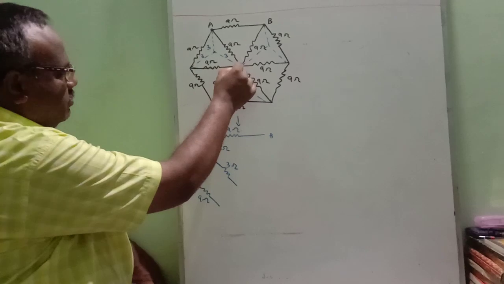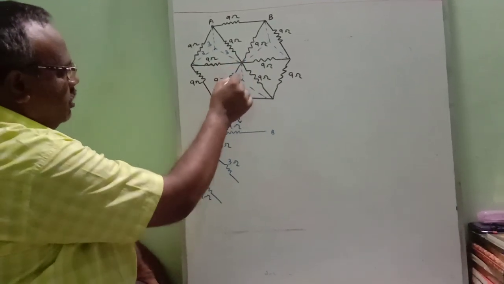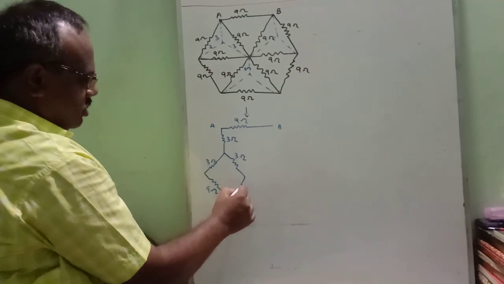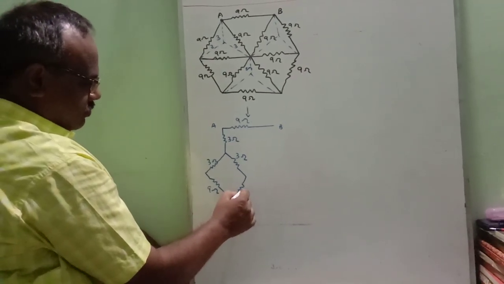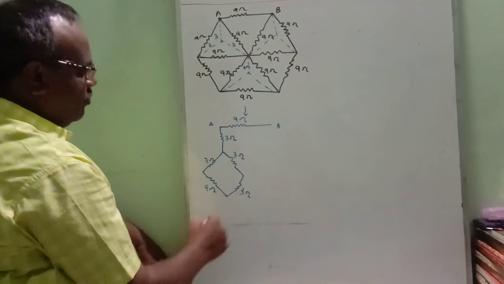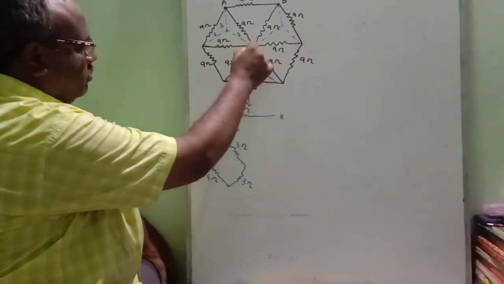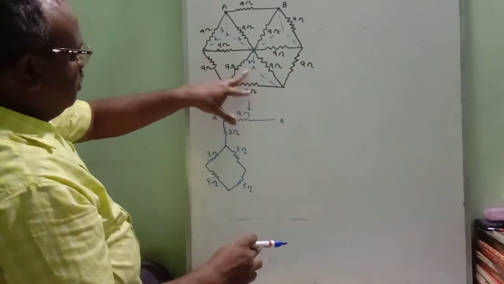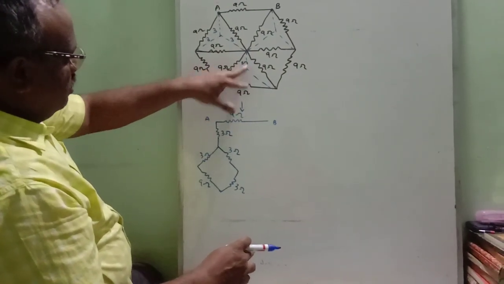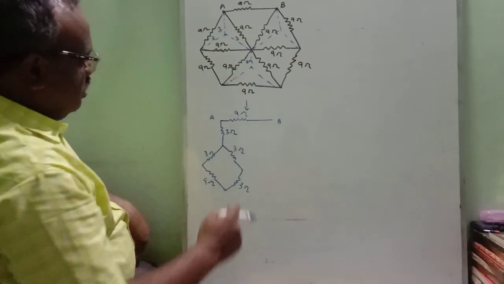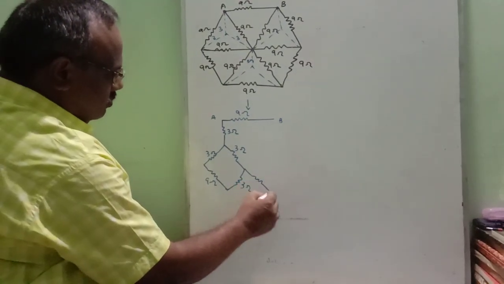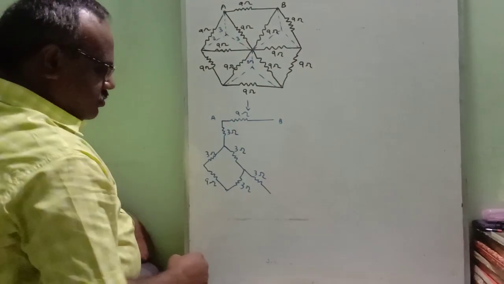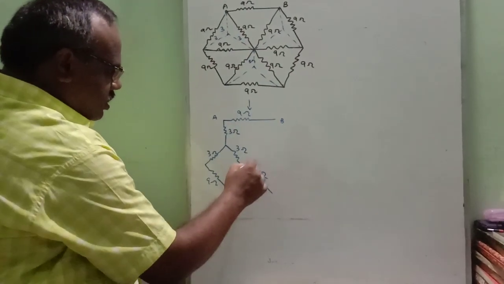From this point this is 3. So from this point it is 3 ohm. From this point we are getting 3, and this side 3. This side also is 3 ohm. From this point we are getting again a 3 ohm.